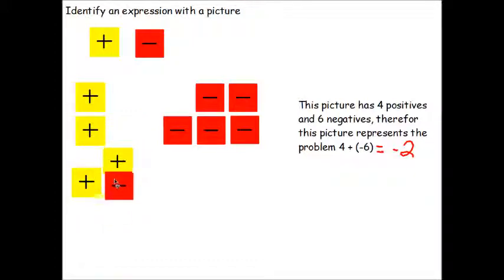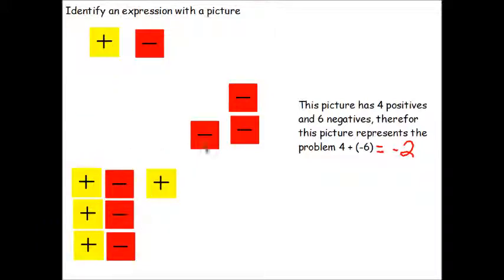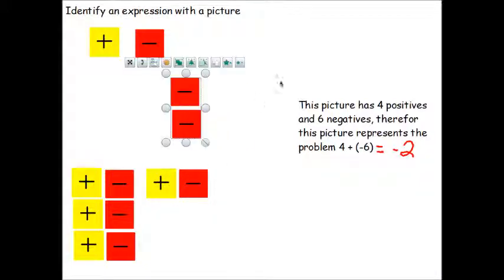So I'm going to do that until all that I have left is just one color, either just positives or just negatives. So since I have more negatives, I'm going to cancel out all my positive ones, and I'm left with 2 negatives. So just like we said over here, our answer is negative 2.